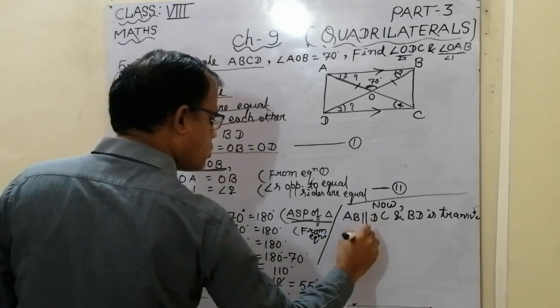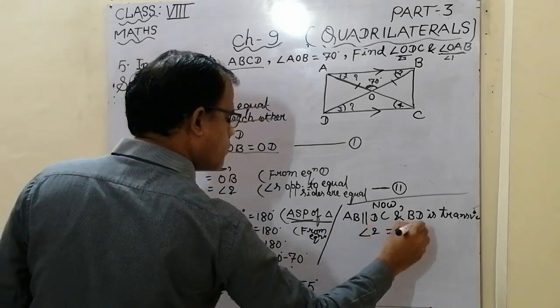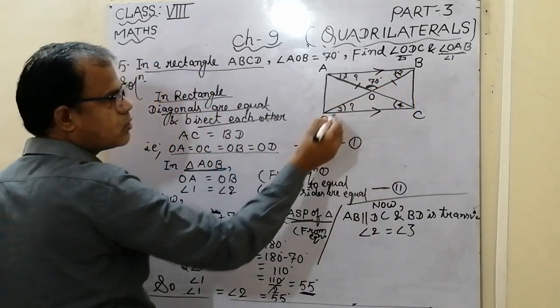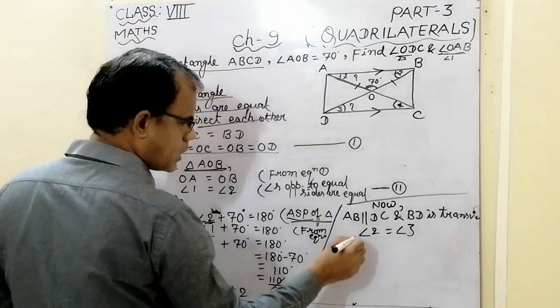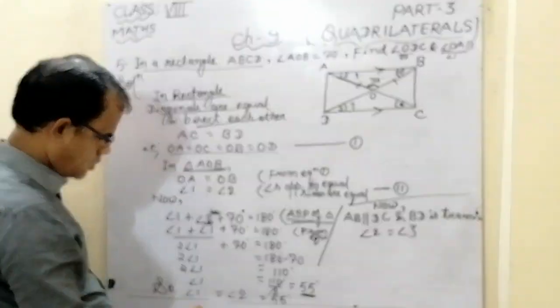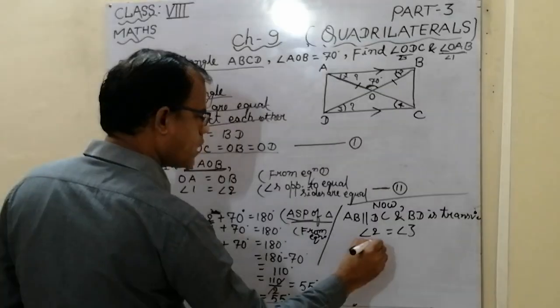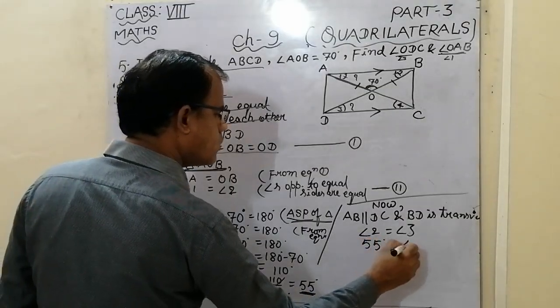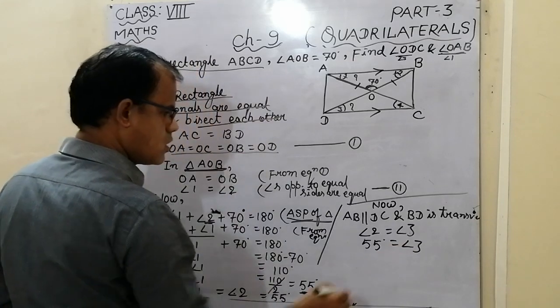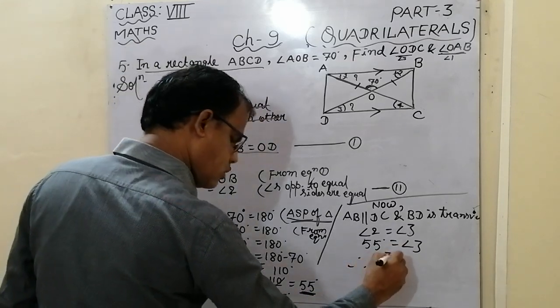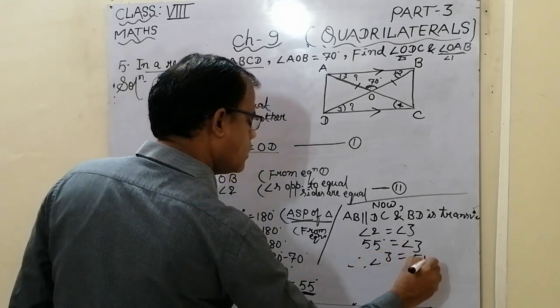So angle 2 equals angle 3. And what is the value of angle 2? Look here, angle 1 and 2 both are 55 degrees. So we can write 55 degrees equals angle 3. So angle 3 equals 55 degrees.